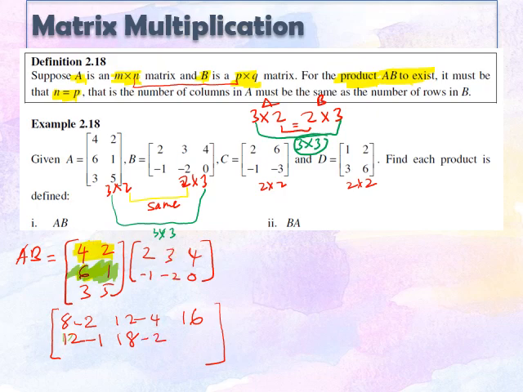And then the last column should be 24 minus 0, which is 24.